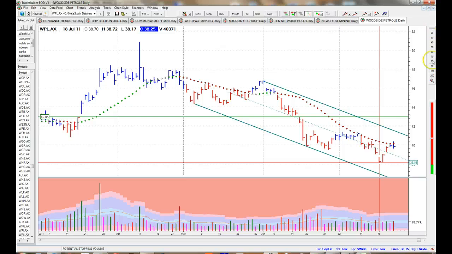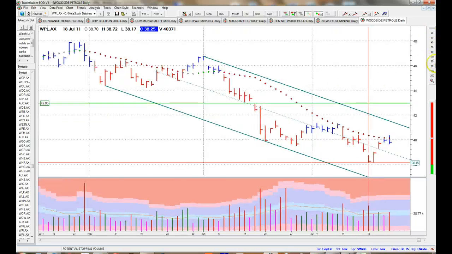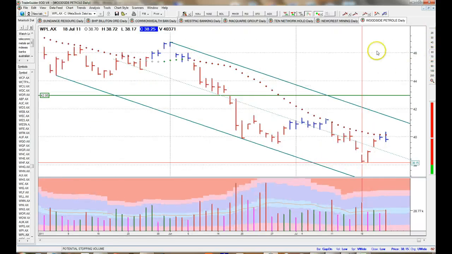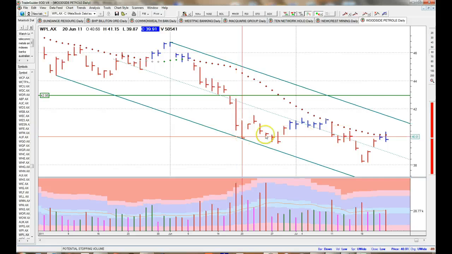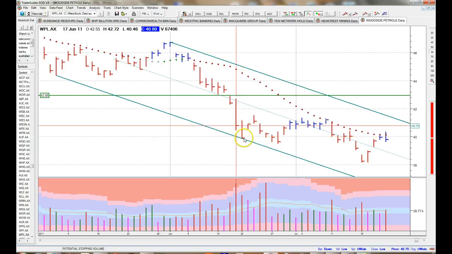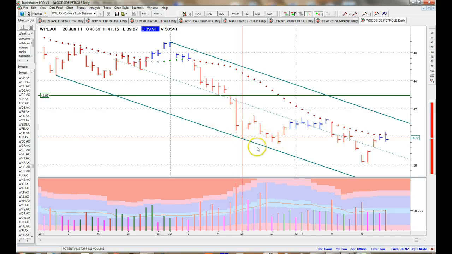I'll get away from these high volume bars and zoom in. As the volume kicks in on this volume bar here, that actually shifts the price sideways a bit. So there's some buying coming in there, trying to hold that up, and the price has oscillated around this area.